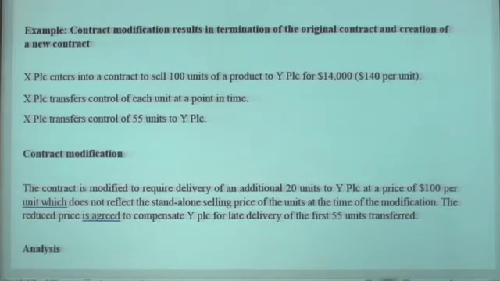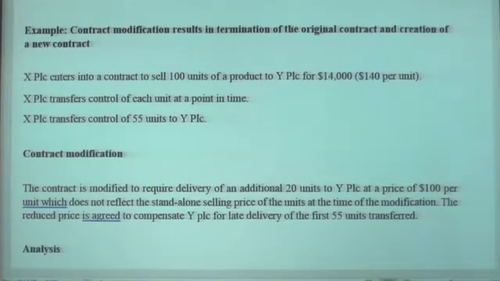According to the contract modification requirements, we can easily see their scope has increased by 20 units, right? The price also changed, but that price is not a standalone price because it is connected with the delay that happened in the original contract. Therefore, this cannot be considered a separate contract. It should be accounted for as part of the original contract.